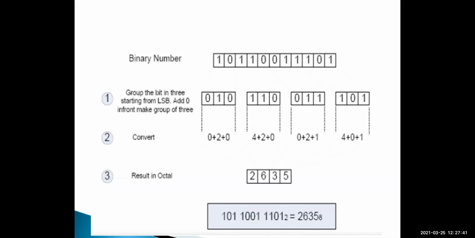Don't write in the chat box, just speak out if you are present, yes or no, absent or present. 87. 87 is not there, maybe.